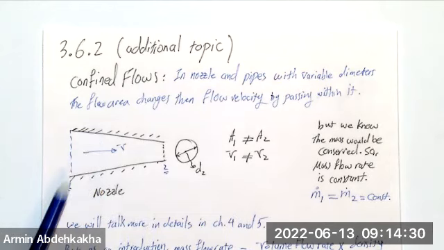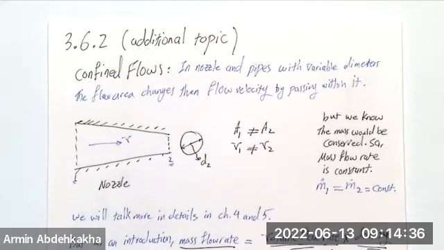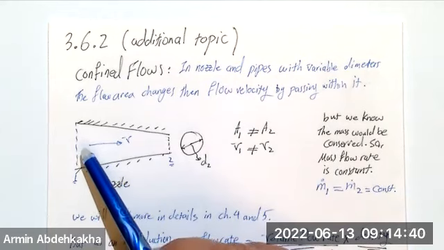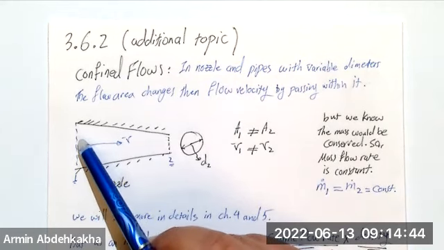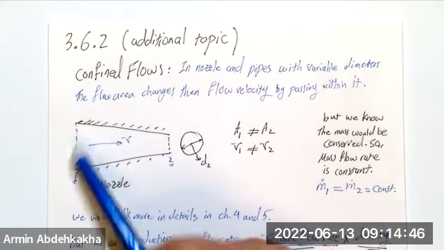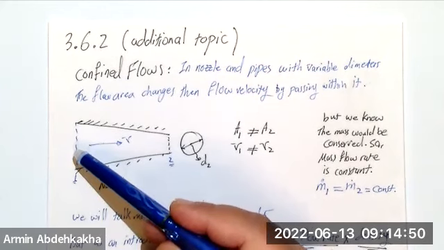So at point 1, you have A1, and at point 2, you have A2, right? So for example, let's say you put a Pitot static tube here, very close to point 1. Then you have the velocity at point 1, right?